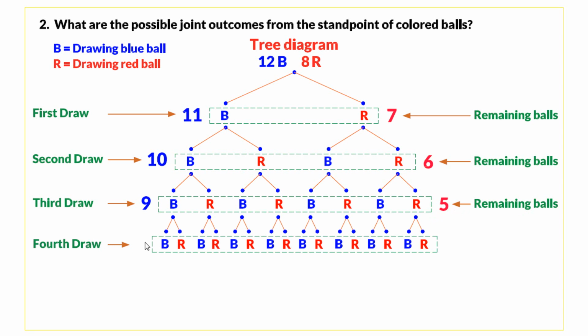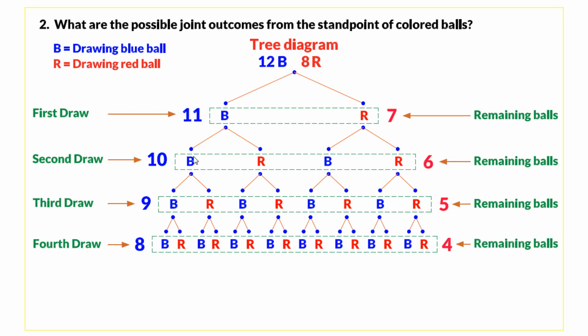For the fourth draw we may also get blue and red and the remaining balls would be 8 blue and 4 red. So we have 4 draws already completed, and now we need to get all possible joint outcomes.